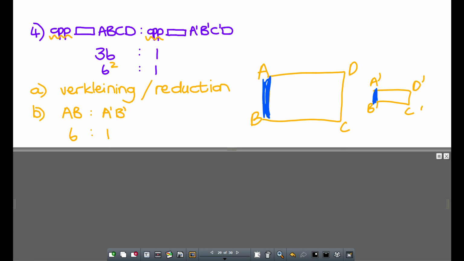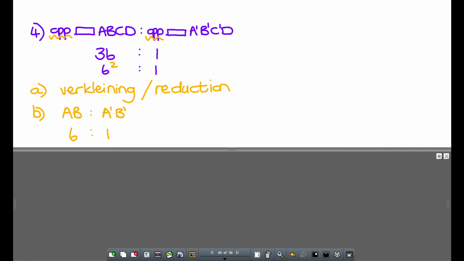So this is 6 times longer than that one. Yes, the whole of question 4 is about these two rectangles. Okay. So maybe you can't say the 36 to 1. You have to say the 6. No, 6 to 1. It was only 36 because over here we were working with area.